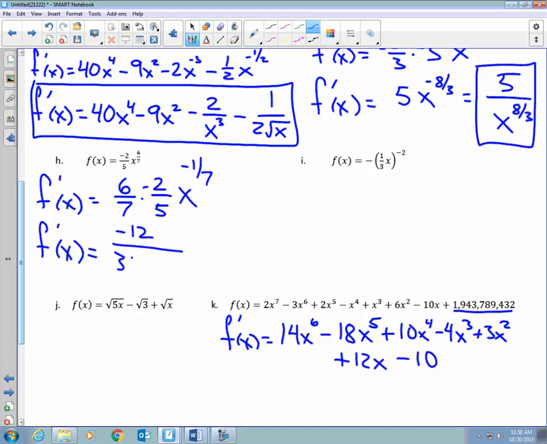And the denominator I have 35. And then x to the 1/7. 6/7 minus 1 is negative 1/7.